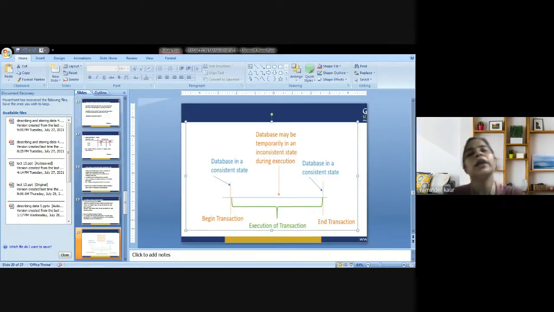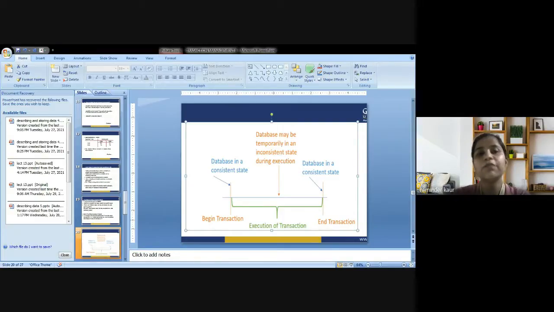So there are various facts about database transactions. A transaction is a program unit whose execution may or may not change the contents of the database, and the transaction concept in DBMS is executed as a single unit. If the database operations do not update the database but only retrieve the data, then this type of transaction is called a read-only transaction.